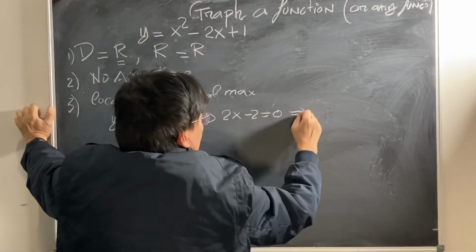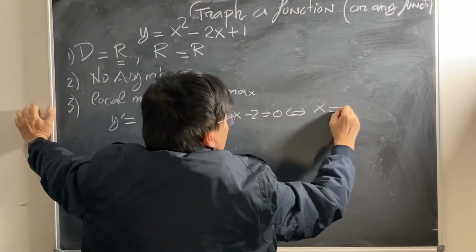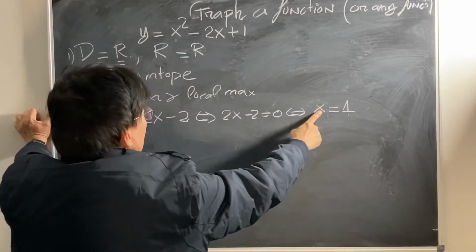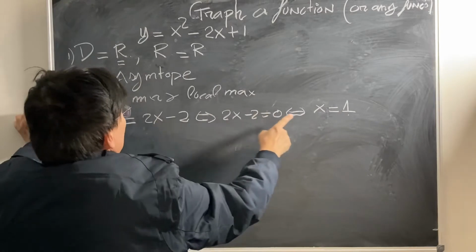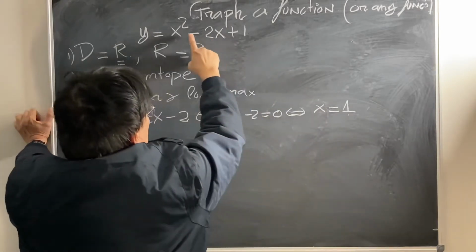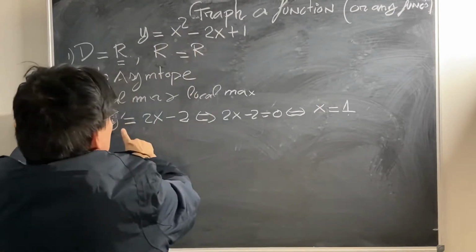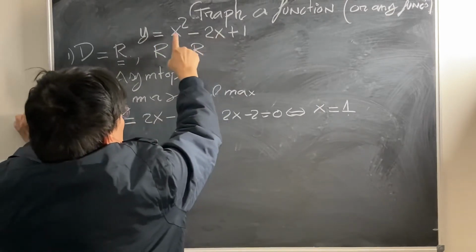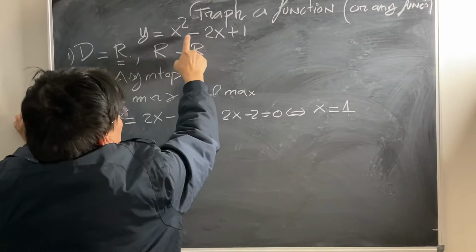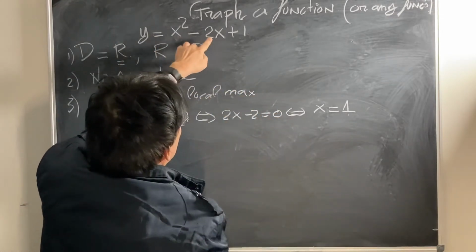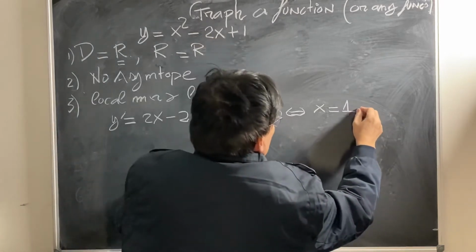So x equal 1. When x equal 1, you put x equal 1 in the function, so y equal 0.